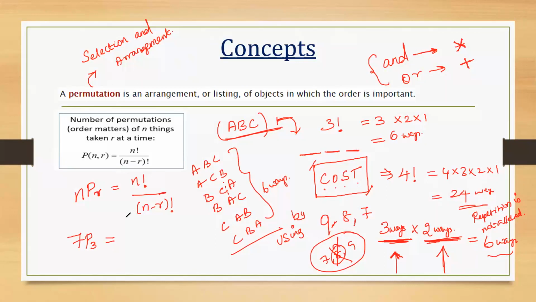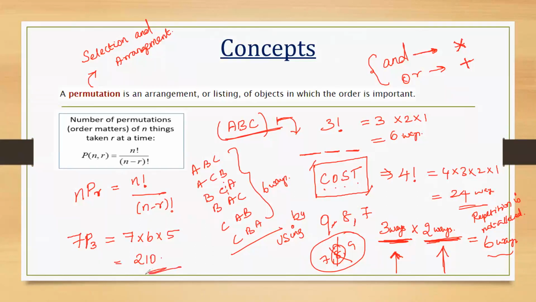Without using the formula, you can find the value. Listen carefully here. 7P3. From 7, 3 numbers reverse. So 7 into 6 into 5. That's all. The answer is 210.